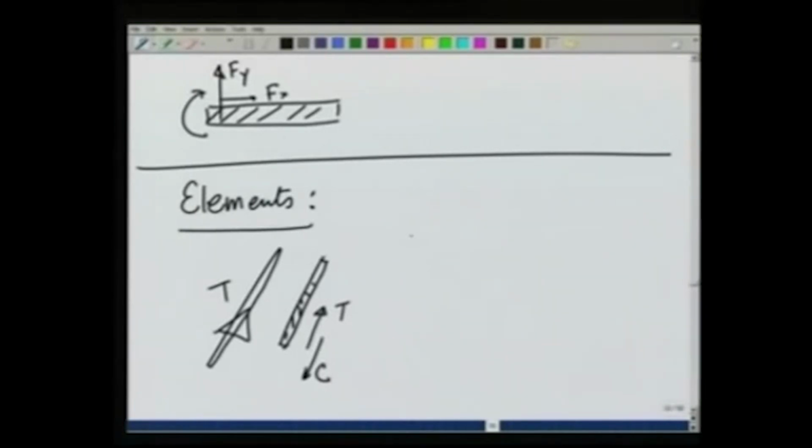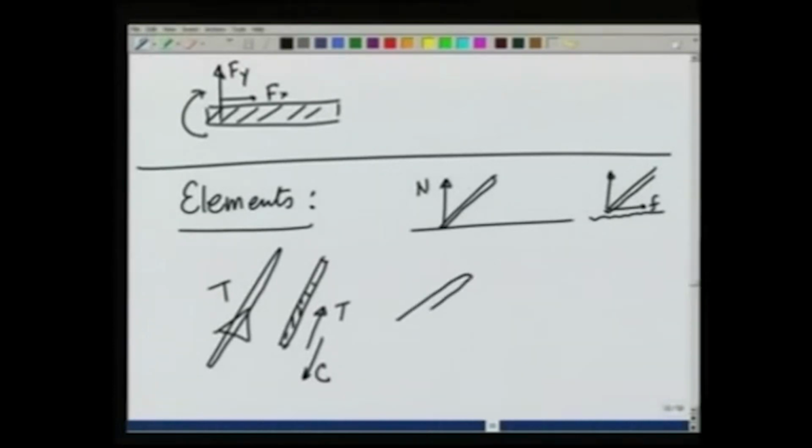Then we looked at a smooth surface, where we saw that it can generate only a normal force, and a rough surface, which I am going to show like this, which can generate a normal force as well as a frictional force along the surface. Then we looked at pin or hinge joints, and this can create a force in the x direction as well as in the y direction.